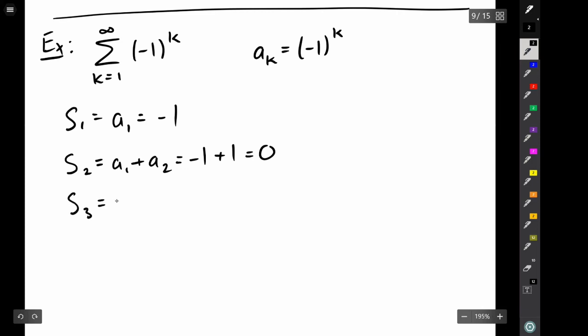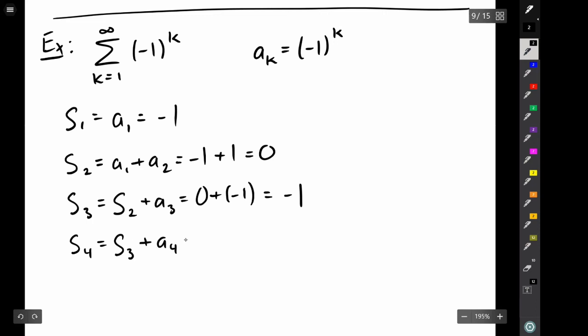For S3, I'm going to use the same trick as earlier. That's going to be S2 plus A3. This is going to be 0 plus -1, and that's -1. S4 is going to be S3 plus A4. So that's -1 plus 1, which is 0.